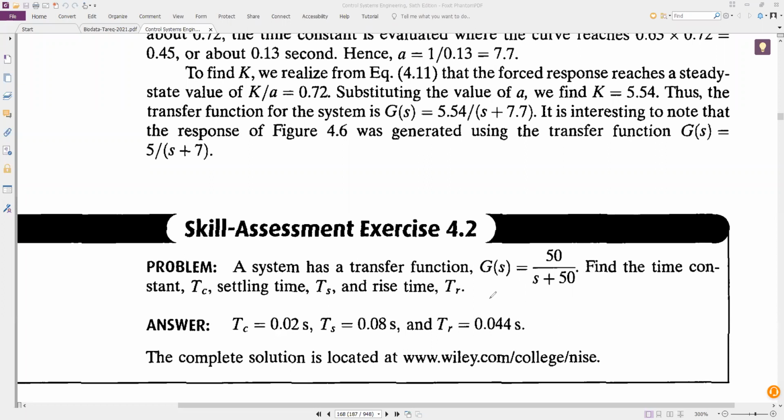Now look at the question here. What do they ask?